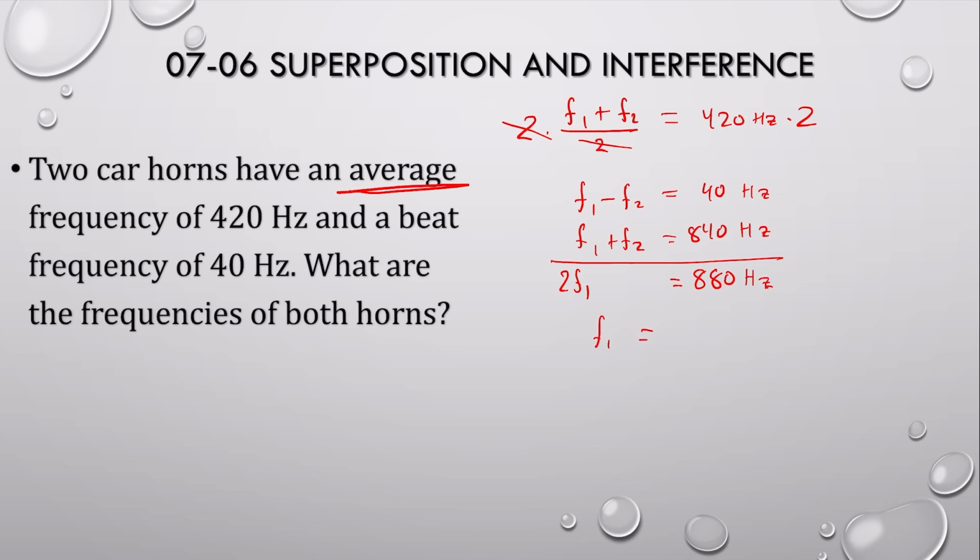Divide by 2, and one frequency is then 440. What would the other one be? Well, F1 minus F2 is 40. So if F1 is 440, do you agree that F2 must be 400?